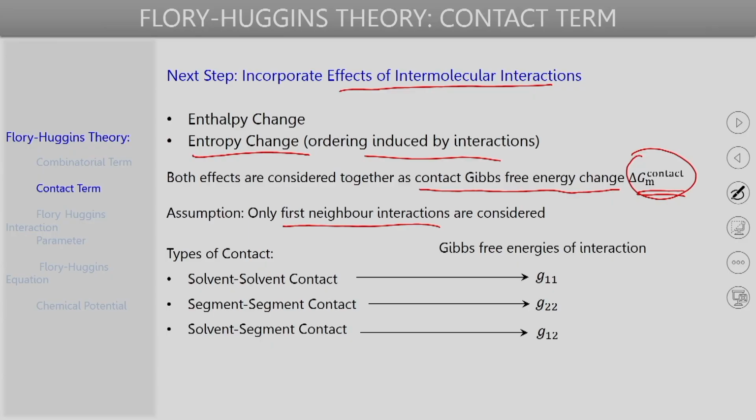So, the Gibbs free energy associated with these three types of interactions, let us represent them by small g11 for the solvent-solvent contact, small g22 for the segment-segment contact, and for the solvent-segment interaction, let us say the corresponding Gibbs free energy of this contact is g12. All these quantities are for single contacts. So, for a single solvent-solvent contact, the corresponding Gibbs energy is g11, for a single solvent-segment contact it is g12, and so on.